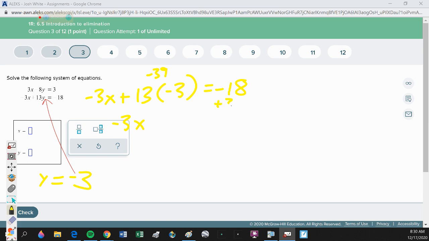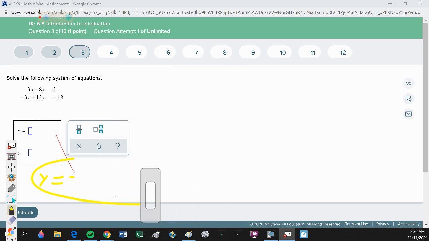So I need to add 39 over here. And 39 minus 18 is 21. Divide by negative 3. X is negative 7. Those are my answers. Okay, so that's the easier type.